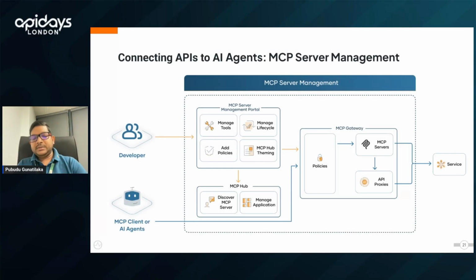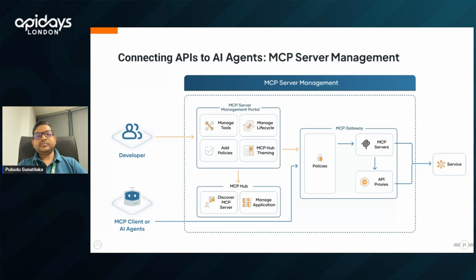Now, with MCP coming into the picture, you have a broader picture where you also have MCP server management. As a developer, you will manage the MCP and its tools, you manage the life cycle, you can add certain policies, and you can also theme your MCP hub.